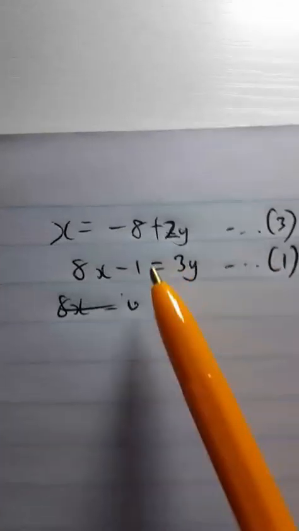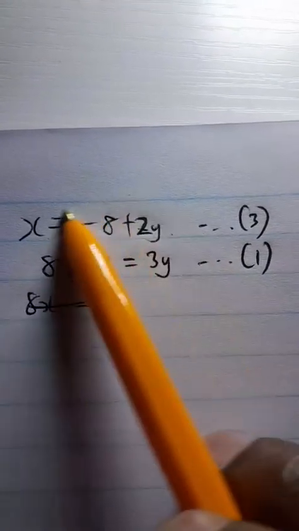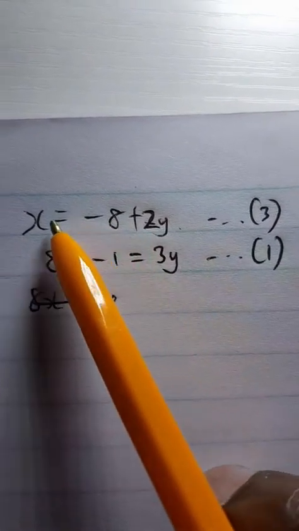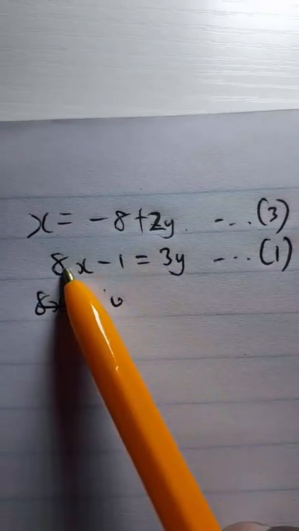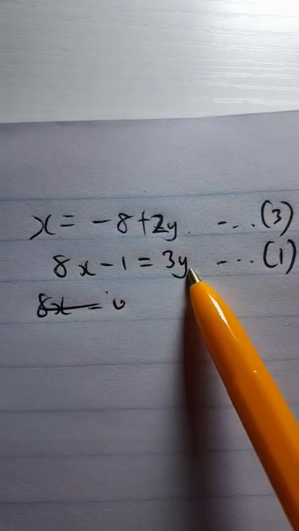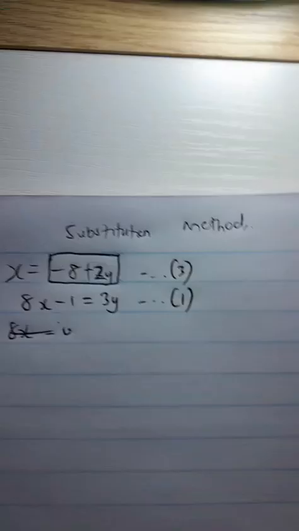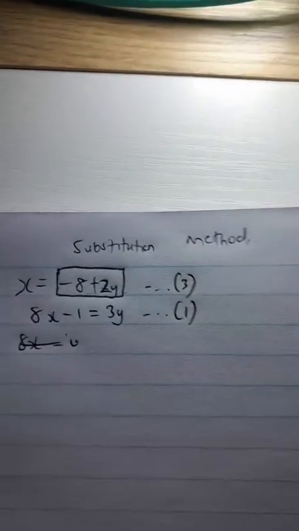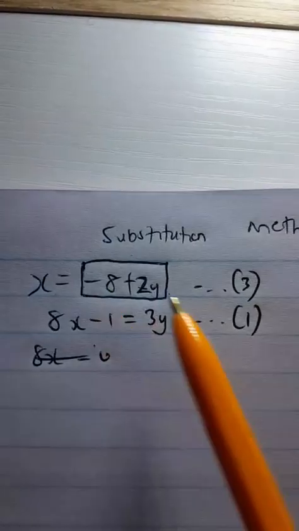So here's the first equation. This was x is equal to negative 8 plus 2y. This is after me working through that equation, making x the subject of the formula. Then the second equation was 8x minus 1 is equal to 3y. Because here I made x the subject, I am using the substitution method. I don't know if there are people that are fans of the elimination method, but you always know that you can use either the substitution method or the elimination method if you have two linear equations.